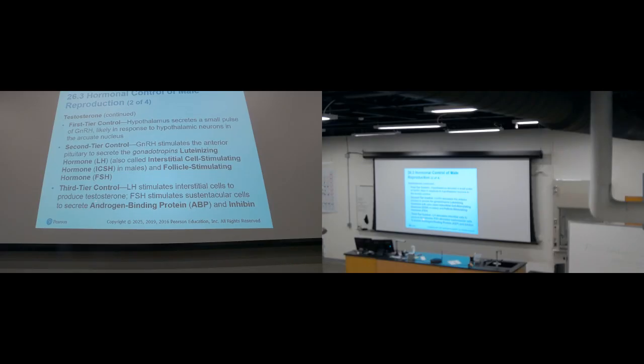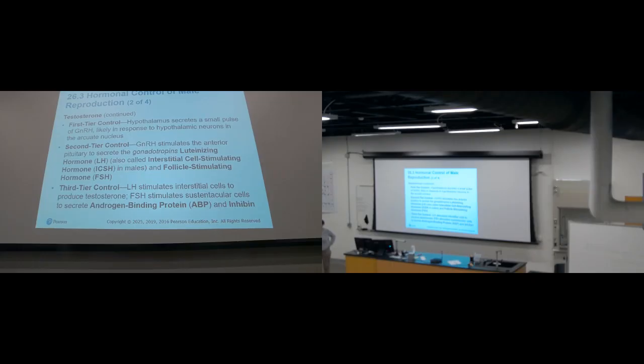So then the third tier control happens when LH reaches the interstitial cells in the testicles so that these cells secrete testosterone. This testosterone now reaches the spermatogonia, and you start forming the primary spermatocyte and another spermatogonia.